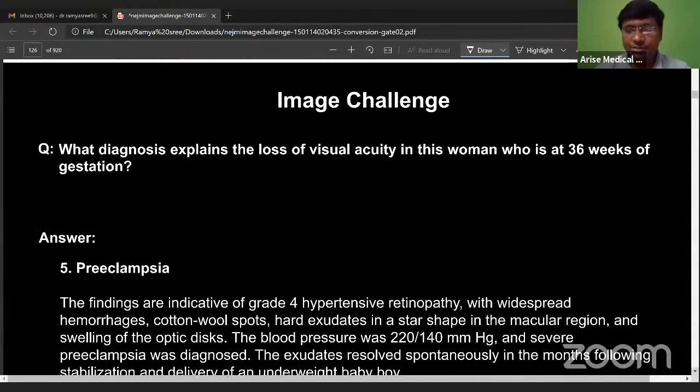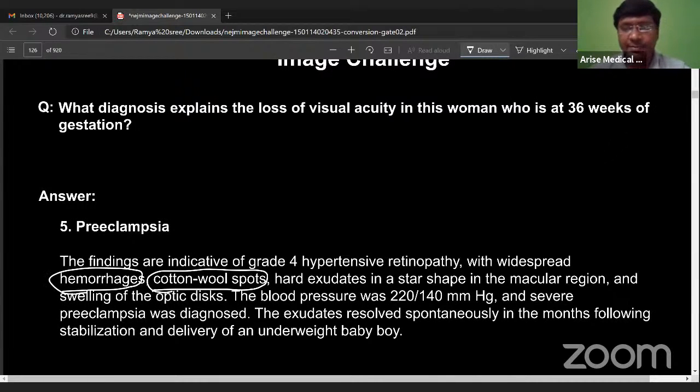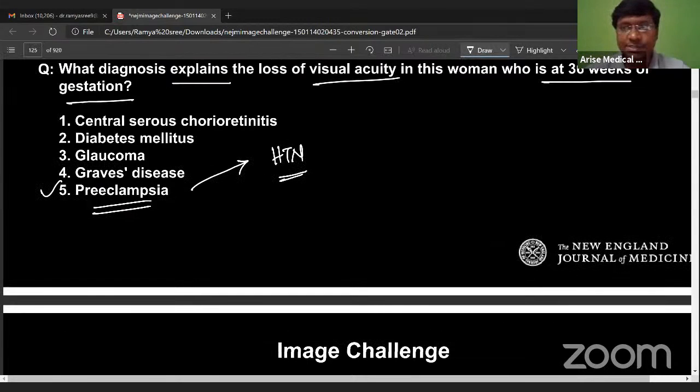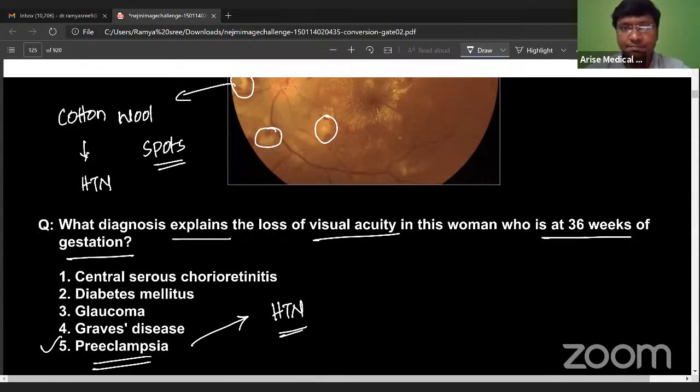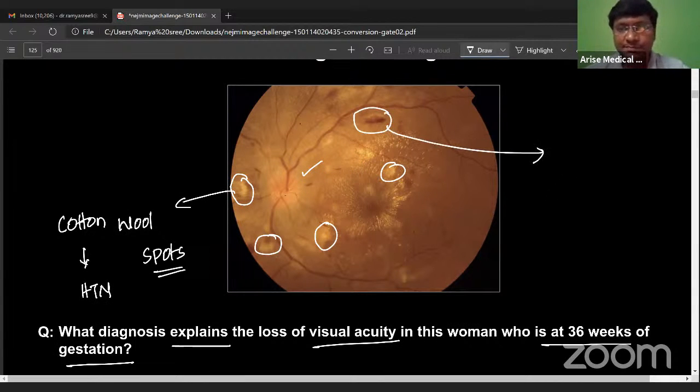Why? Because you are able to see the presence of cotton wool spots, and you are also able to make out the hemorrhages and swelling of the optic disc. This is your optic disc, which has been completely swollen. And here, these are your hemorrhages.